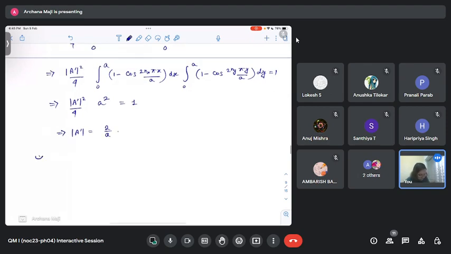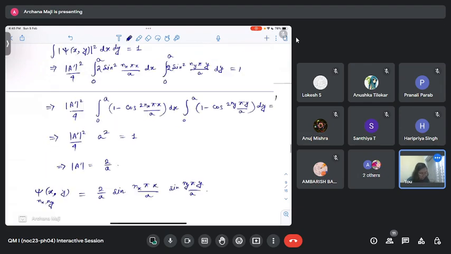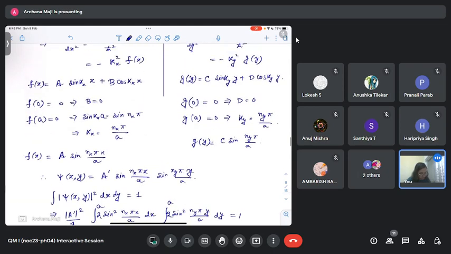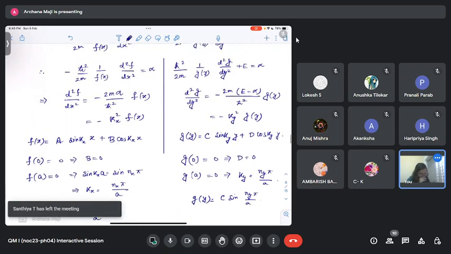So a prime is equal to 2 over a. Fine. So the wave function nx ny is 2 over a sine nx pi x over a sine ny pi y over a. Okay, and kx is this nx pi over a, and what was kx square?